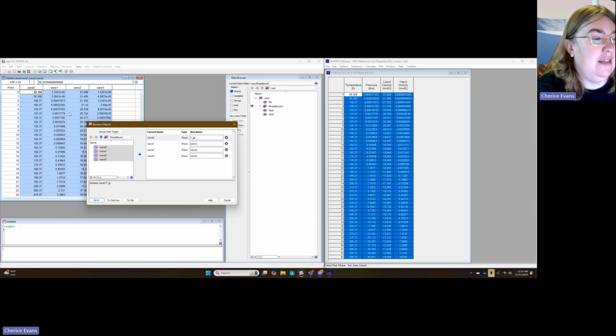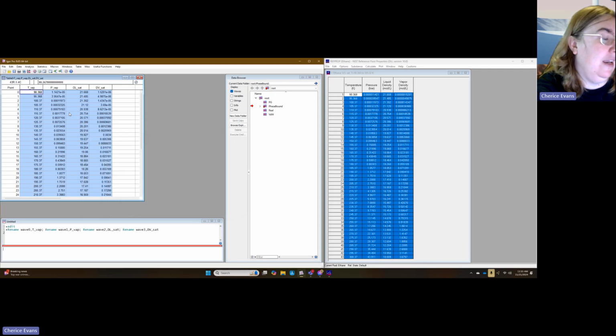This is liquid gas boundary, pressure, vapor, because technically that's what that is. This is temperature vapor. This is the density saturated. This is the liquid density, so DL saturated. And this is the vapor density along that phase line.